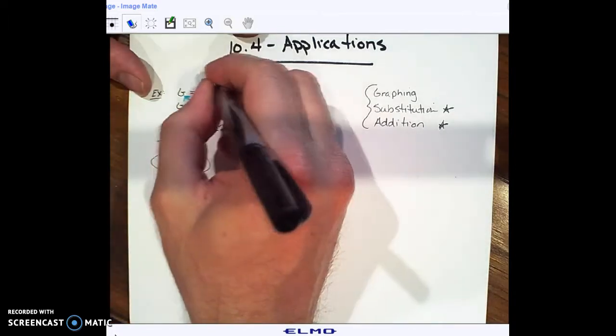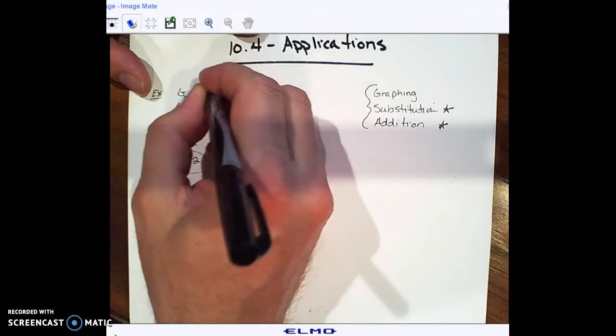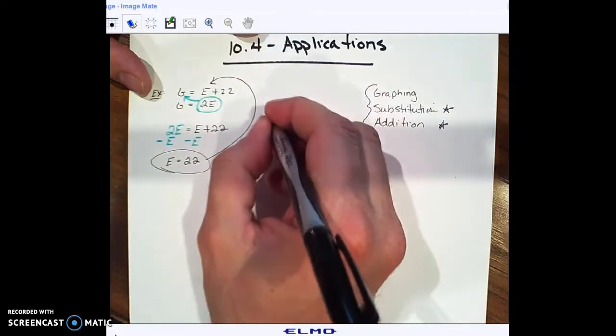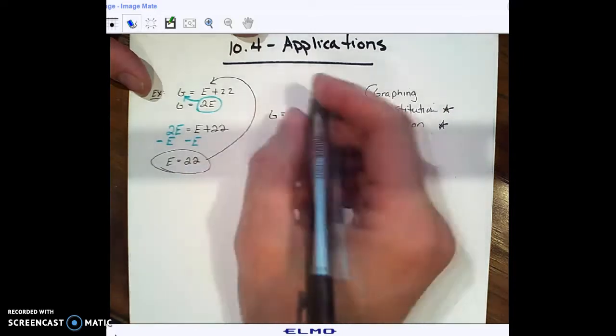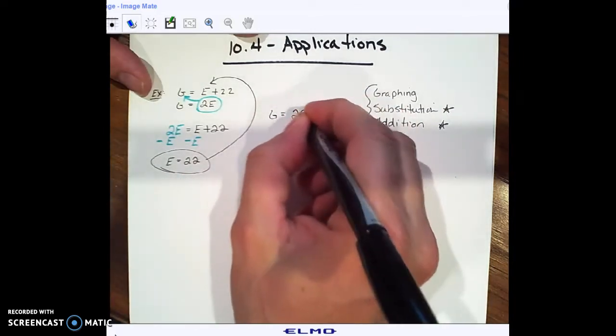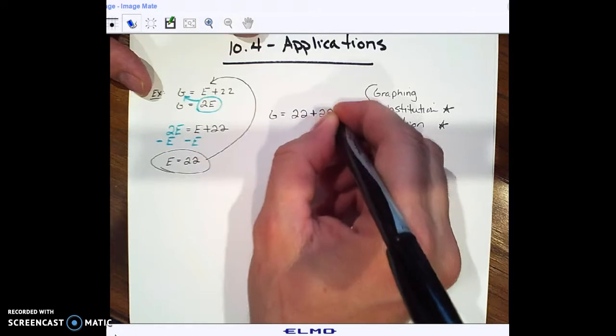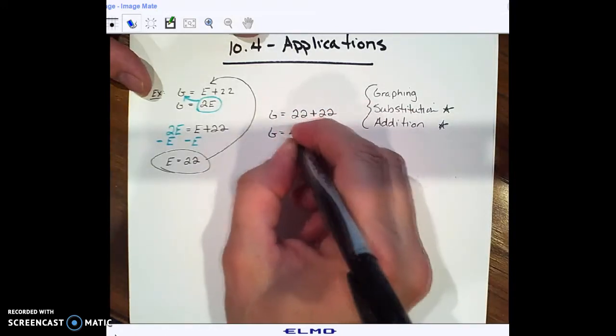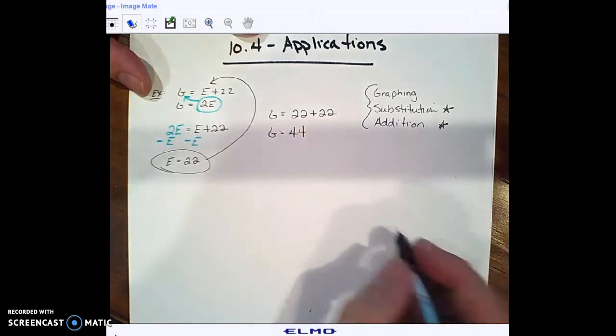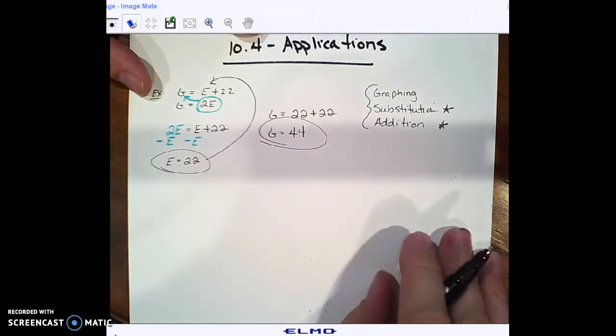Well, that's not bad. We know what e is, so we plug that in for e. That will give me that Gloria is equal to 22 plus 22. Well, that means that Gloria is equal to 44.